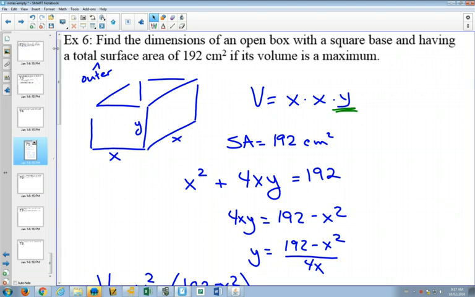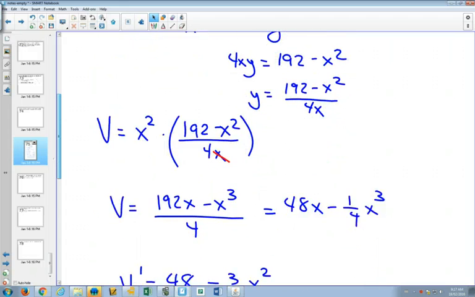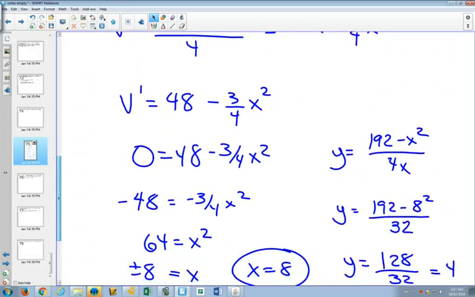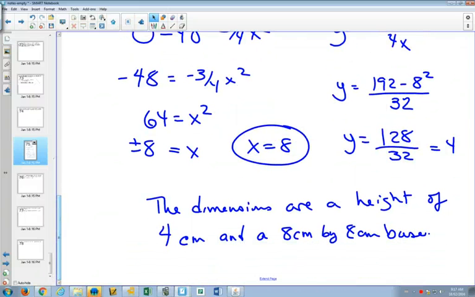The question gives us enough information here, the 192 centimeters squared for the surface area, so that we can rearrange and get y in terms of x. Once we've done that, we plug that back into our volume formula, and then we do the same thing, find our derivative, set it equal to 0, look at our answers within the context to see what's reasonable, and then find our final answer.